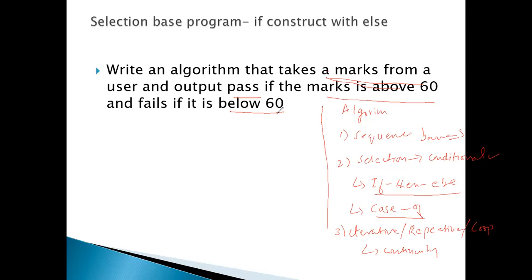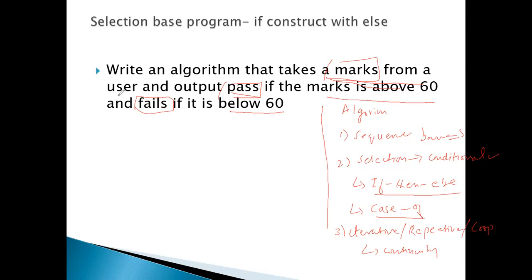Only one variable, which you will input. That is marks. How did you say 3? I thought that output and pass were also variables. This is a message. It says output pass and fail. These are only messages, these are not variables. You can show them in double quotation.